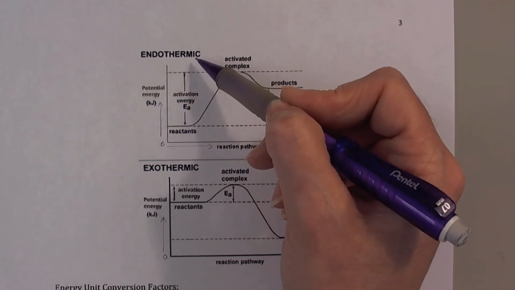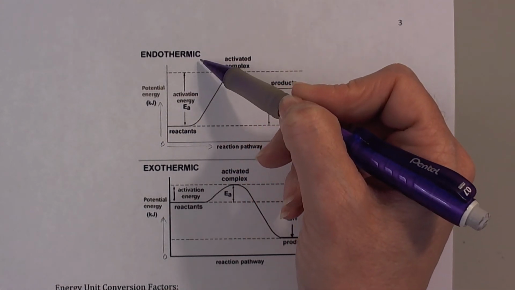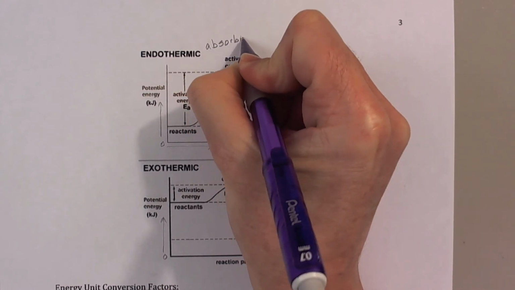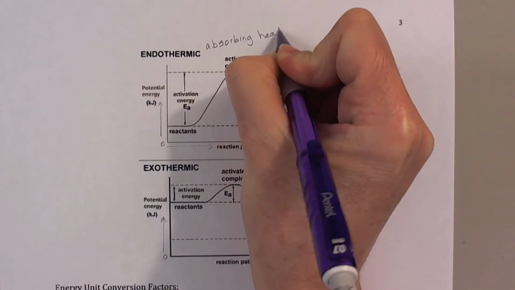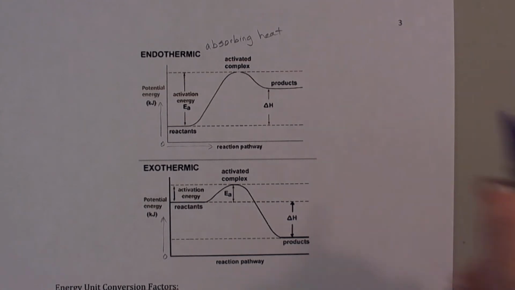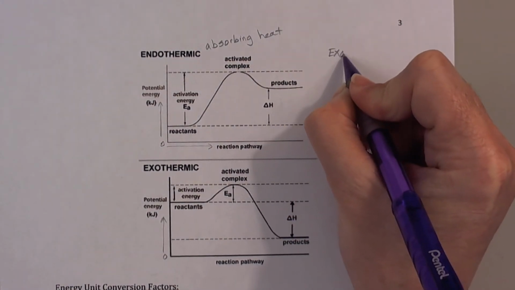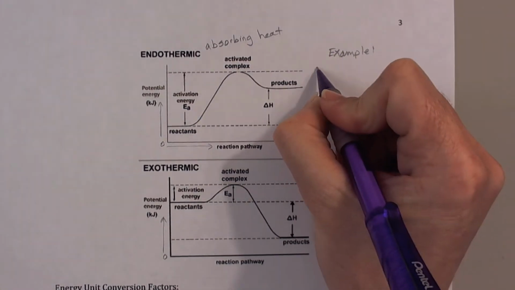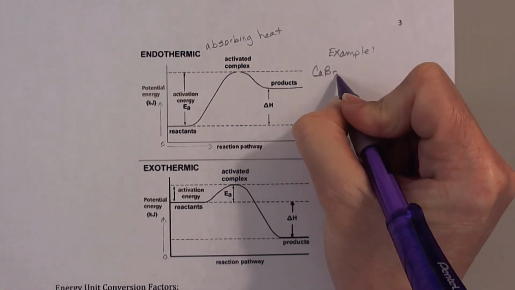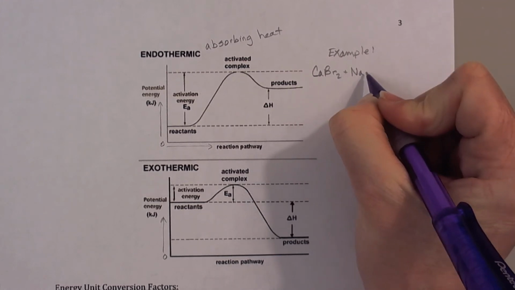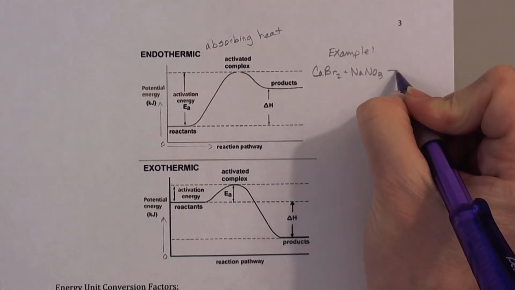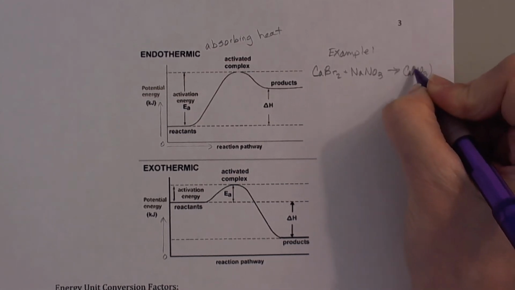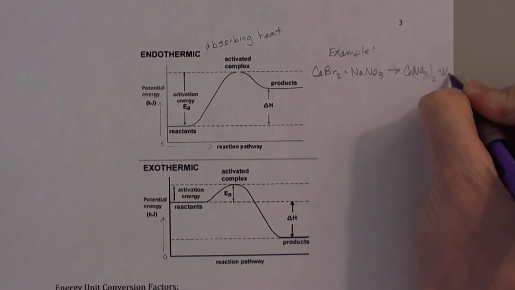So here, let's look at this first diagram. This is an endothermic reaction. That means that the reaction is absorbing heat. So let's give an example. A balanced equation we've used in class before is calcium bromide plus sodium nitrate, that yields calcium nitrate plus sodium bromide.